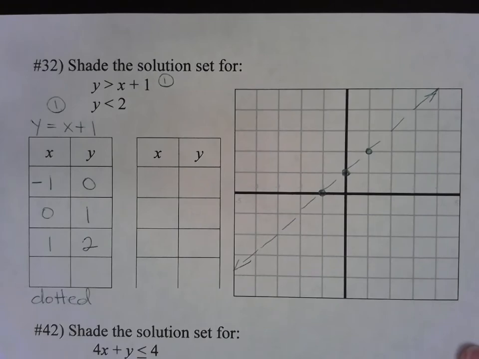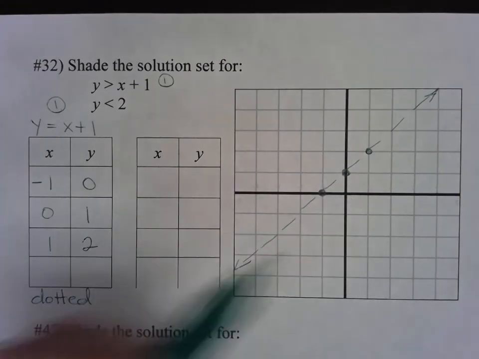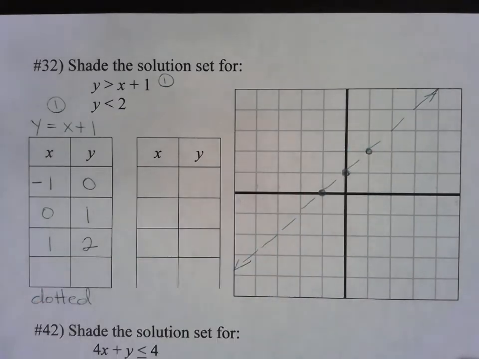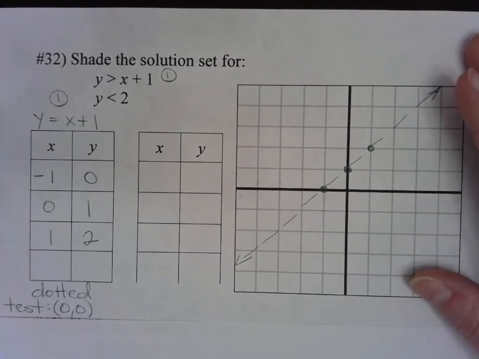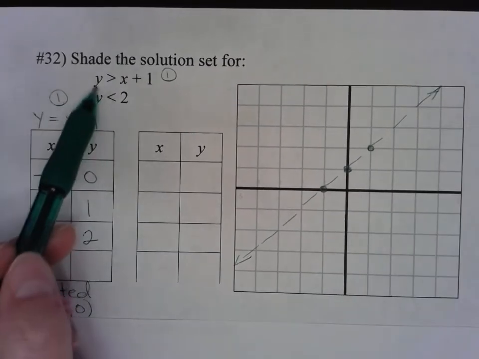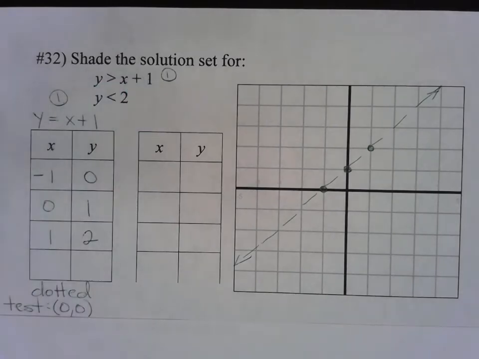Okay, and then we want to pick a test point and see where to shade. So again, I'm going to test my favorite point, 0, 0. I won't write this down because I'm kind of out of space here. So if I plugged in 0, 0, I'm going to go all the way back up here. 0 is greater than 0 plus 1.